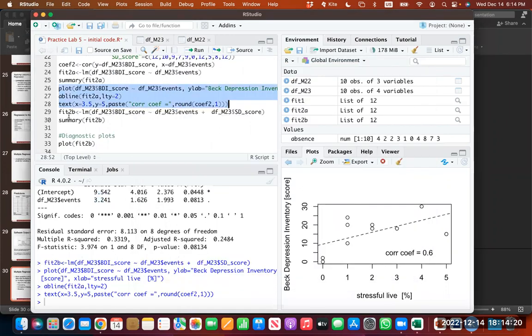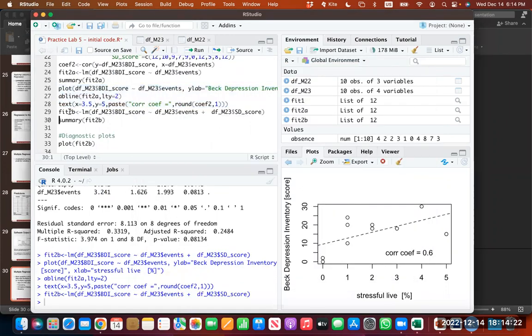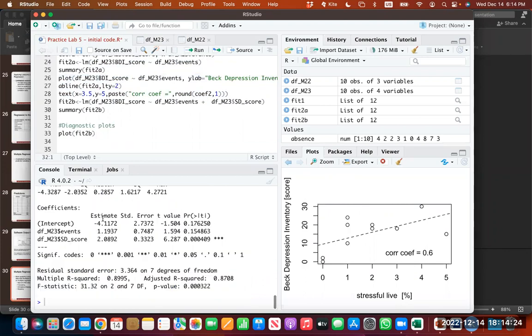And then 29 is fit 2b. That's the multivariable model, and here you get the same model as we have from SPSS output. So 29 and 30 basically gets you the same model as you have from SPSS in the slides by Nolan and Heinzen. That gives you the multivariable model. Should we run 32 or no?